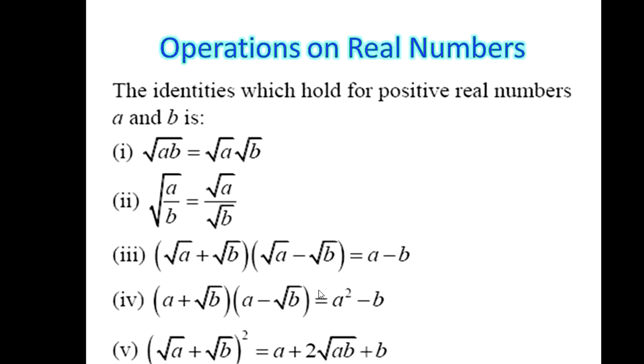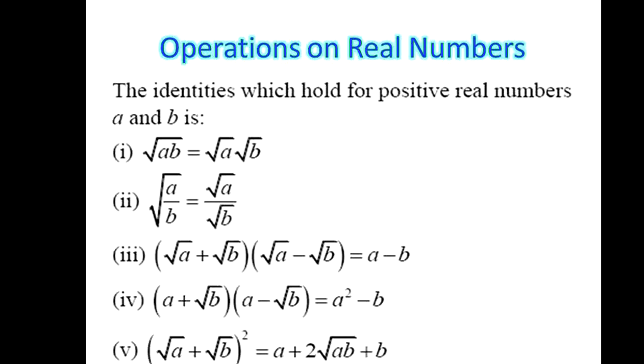Then the fourth identity is a plus square root of b into a minus square root of b equal to a square minus b. This is also the same as a plus b into a minus b, that algebraic identity only. Here also it is applied and you will get the answer as a square minus b.